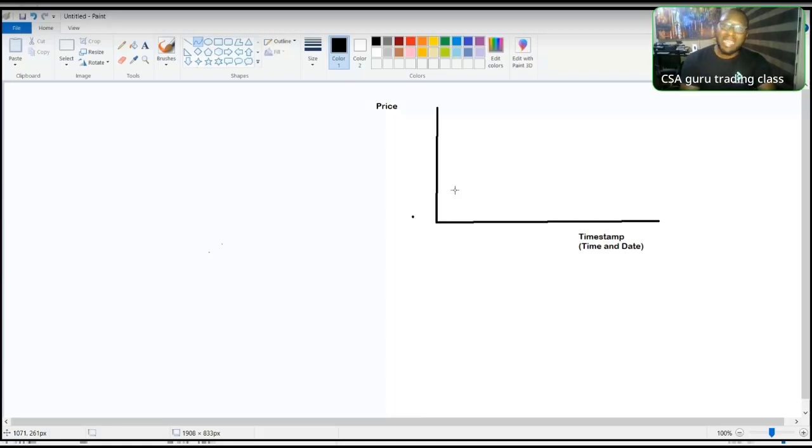It indicates human emotions. You can't really know everybody's emotion or what everybody's thinking, but the chart has helped us collectively put everybody's emotion into play in a chart. So if you understand what the chart is saying, then you understand what the market is saying.